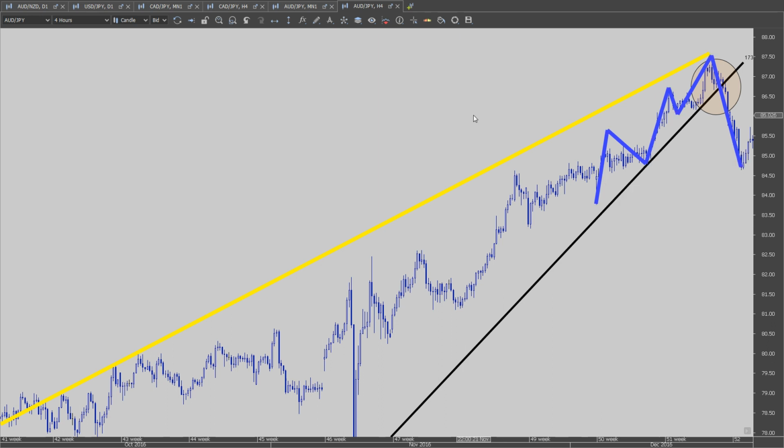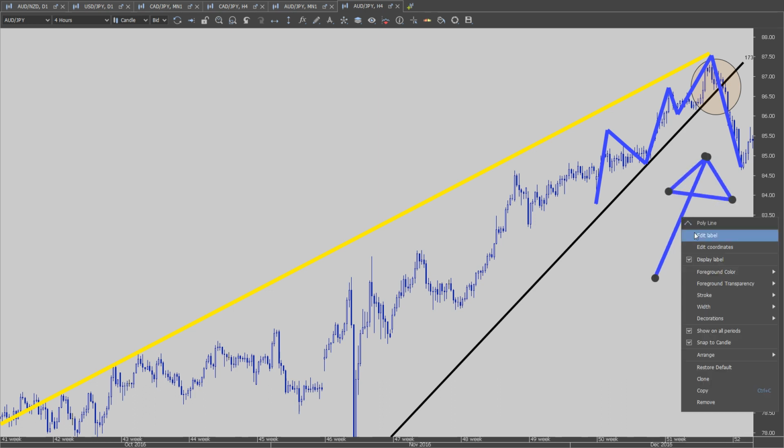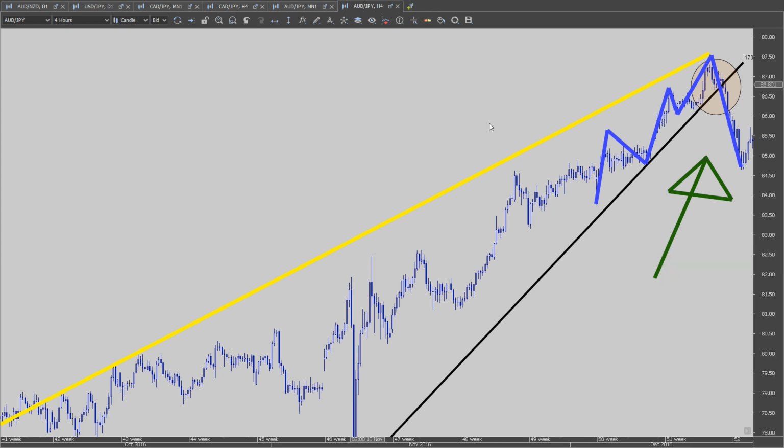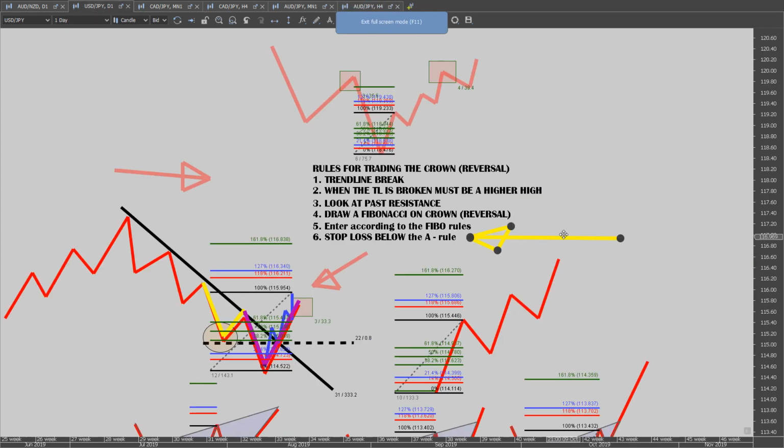Now, teacher, is this a crown? Well, it could be, but it also could be a false crown. Why is that? Because according to the rules, it must be a lower low on the structure, on the market wave.